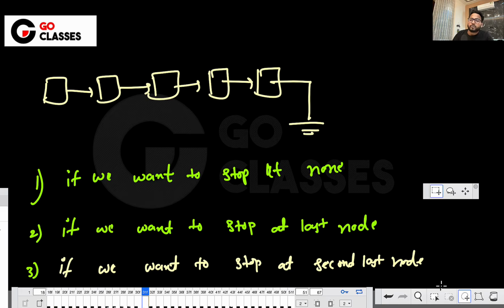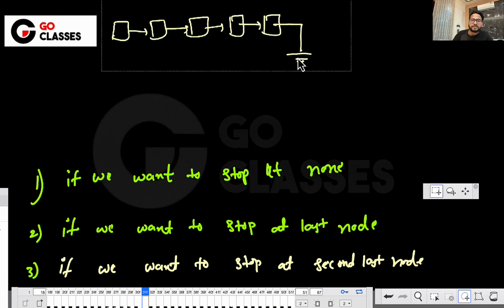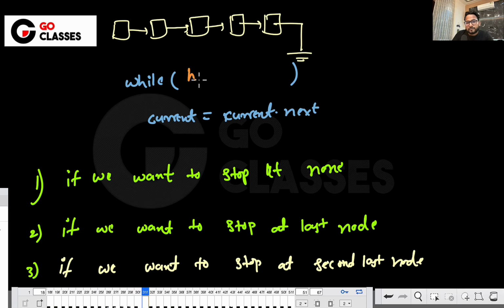In the while loop, the condition is important, because in the body it is clear what we need to write. In the body I will just write current equal to current dot next, since I just need to iterate. If we want to stop at none, then I will say that if head is not none, you keep on running.